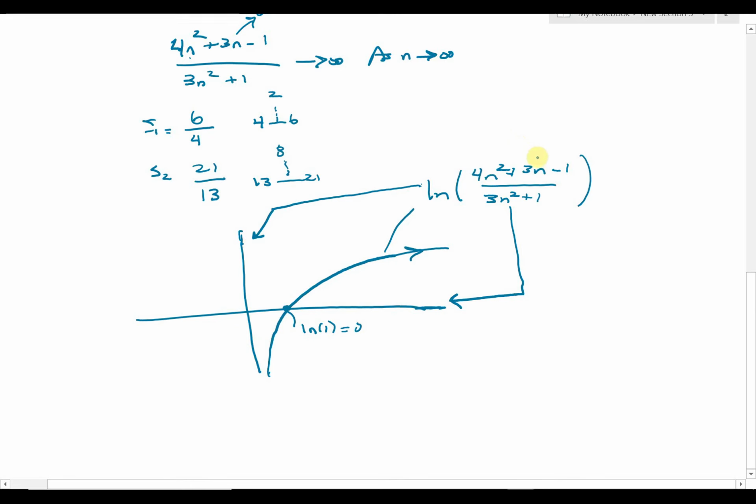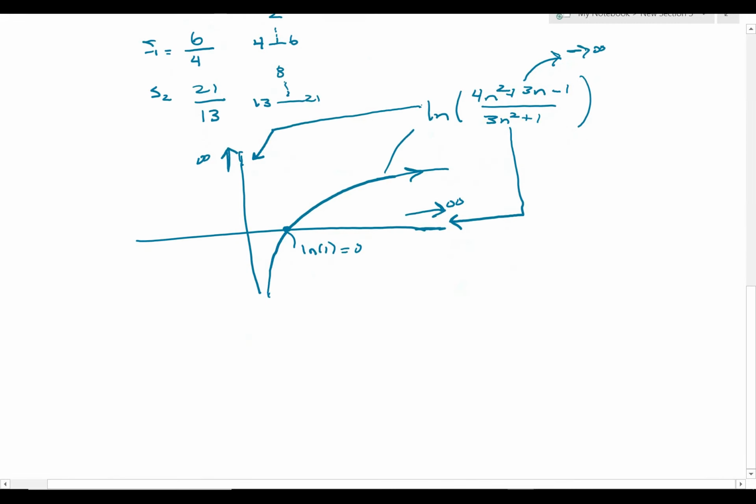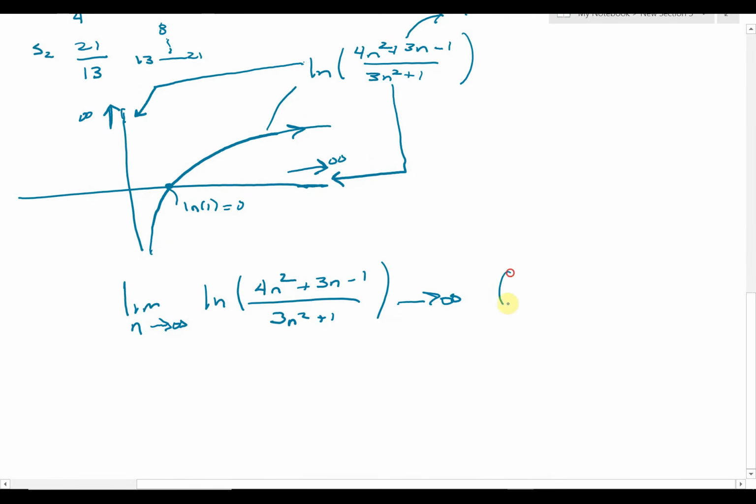So as this tends to infinity, we know that whatever is in the numerator tends to infinity. It gets larger and larger. So if this goes towards infinity, then the y goes towards infinity, because ln is an increasing function. It's always increasing, so if x keeps increasing, y increases in the same direction. So therefore, the limit diverges.